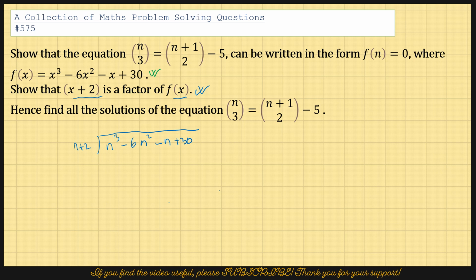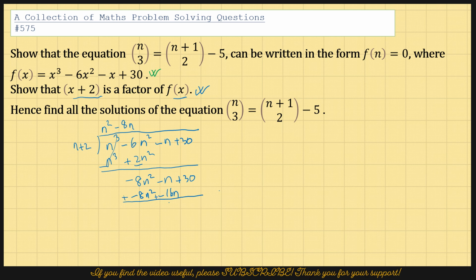So the first thing is n cubed, so I'm going to write n squared, so I will get n cubed plus 2n squared, and then subtract, and that goes away, and minus 8n squared minus n plus 30, and then it's going to be minus 8n. So that would give me minus 8n squared minus 16n, and then again subtract.